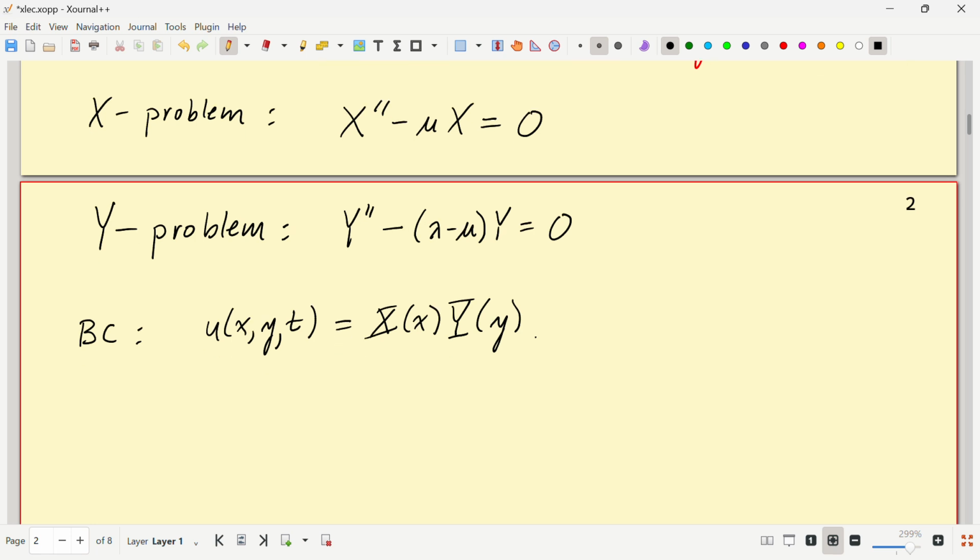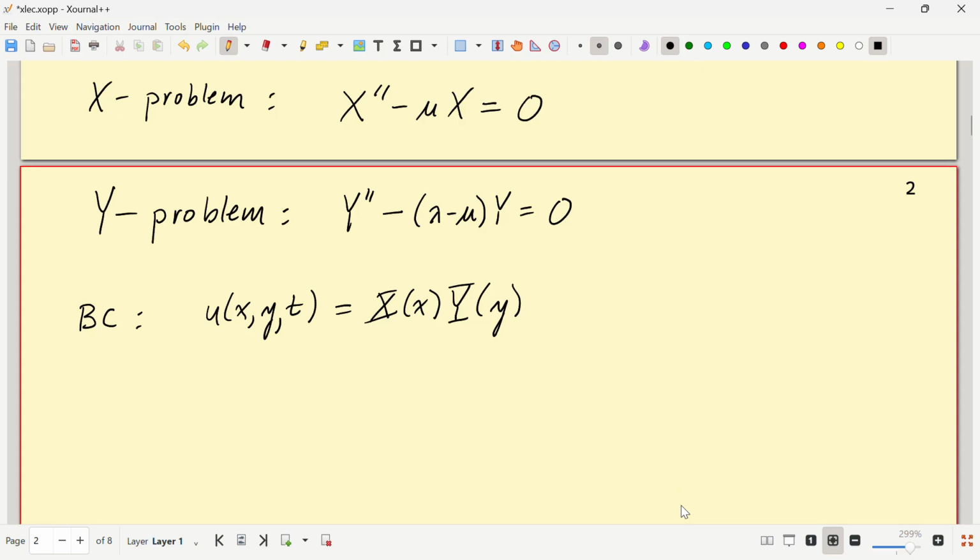Let's see, what are the boundary conditions? I'll do one of them here. One of the boundaries would be when x is equal to a, and y is going from 0 to b.